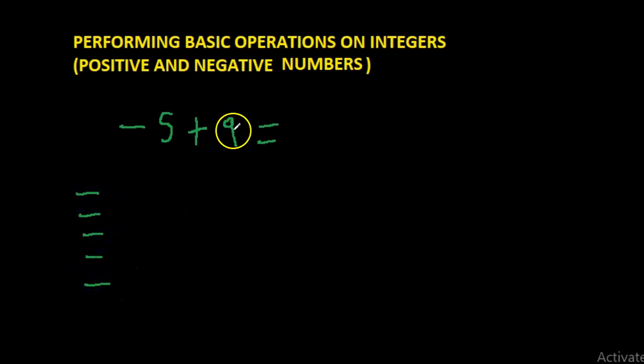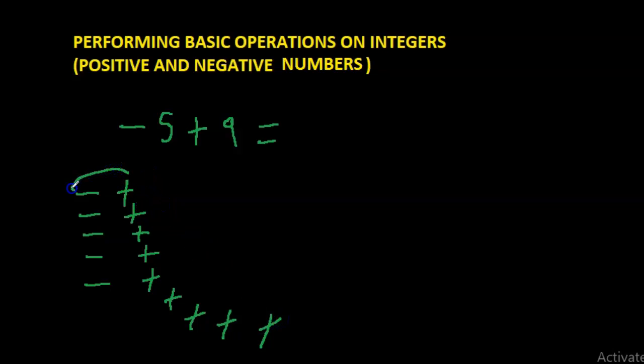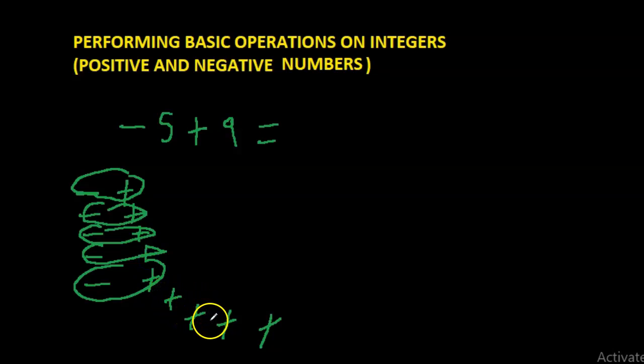And how many positive signs? 9. 1, 2, 3, 4, 5, 6, 7, 8, 9. So negative cancels positive, five times over. And you're left with what now? 4 positive signs. So the answer is +4. Good?